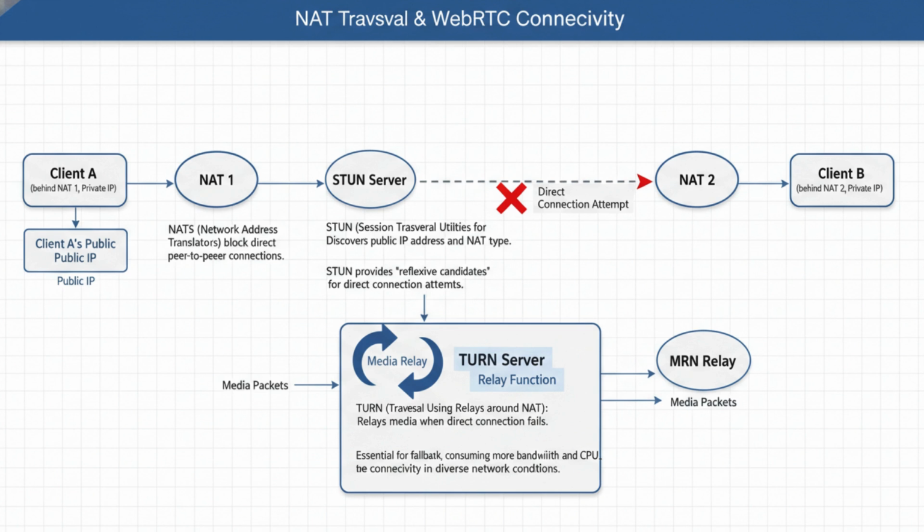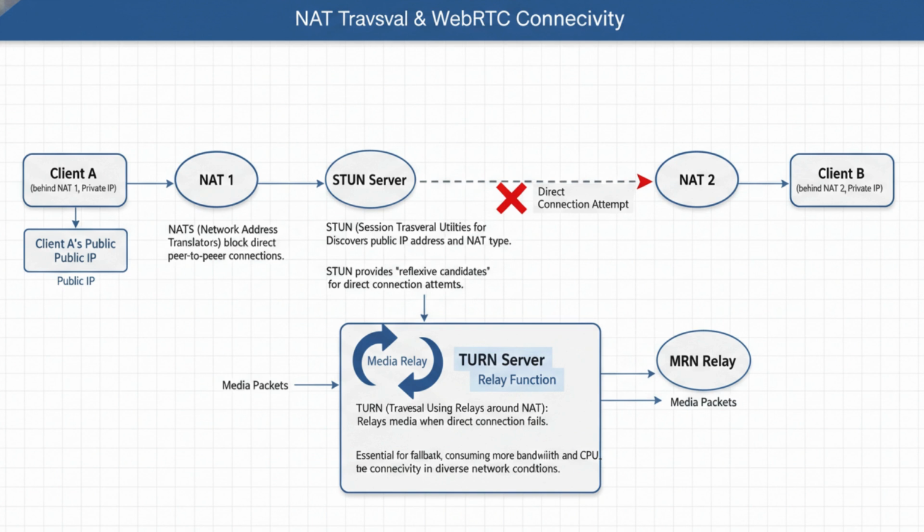STUN, or Session Traversal Utilities for NAT, servers help WebRTC clients discover their public IP address and the type of NAT they are behind. A client sends a request to a STUN server, which simply echoes back the client's public IP address and port as seen by the STUN server. This information, called a reflexive candidate, is then shared via signaling, allowing peers to attempt a direct connection.